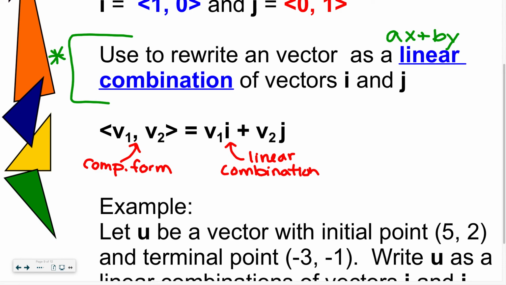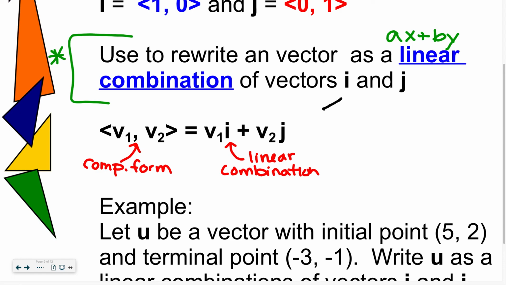It'll look like v sub 1 i plus v sub 2 j. So what that means is, on your homework, on quizzes, on tests, I can present a vector to you in either form, and you know what the horizontal and the vertical components of the vector are.